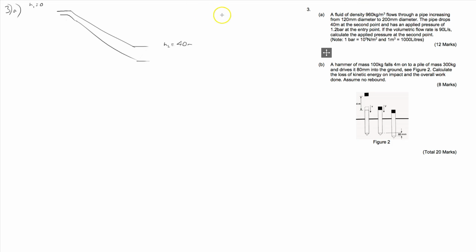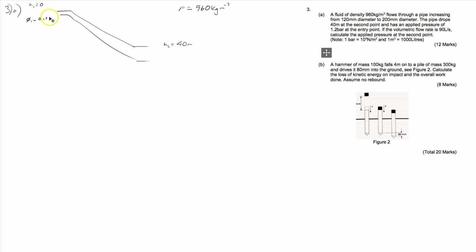Now, density is just a constant throughout the entire equation. And the pipe increases in diameter from 120 mil, so diameter 1 is 0.12 meters.